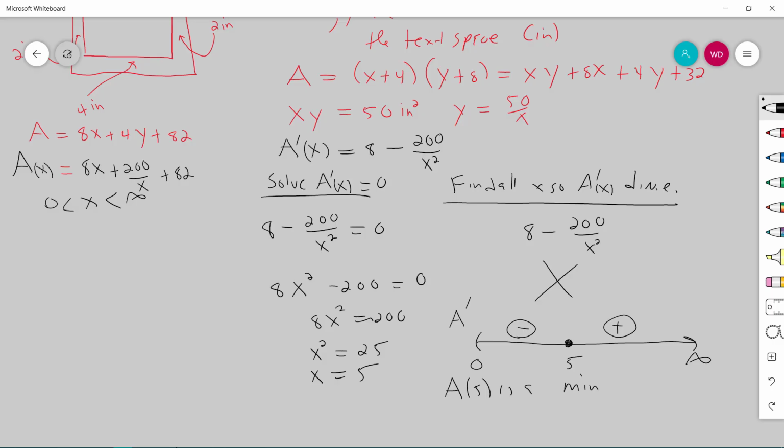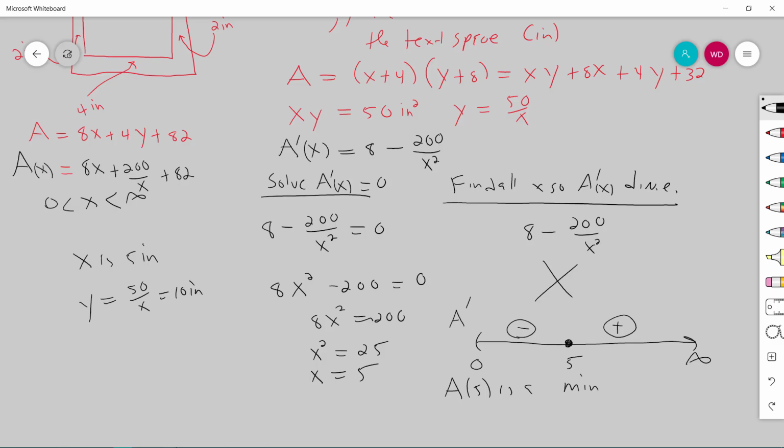Now don't forget, we had to answer the question. The question was, what are the dimensions of the paper? So x is 5 inches, and y, well, if x times y is 50, then y is 50 divided by x, that's 10 inches.